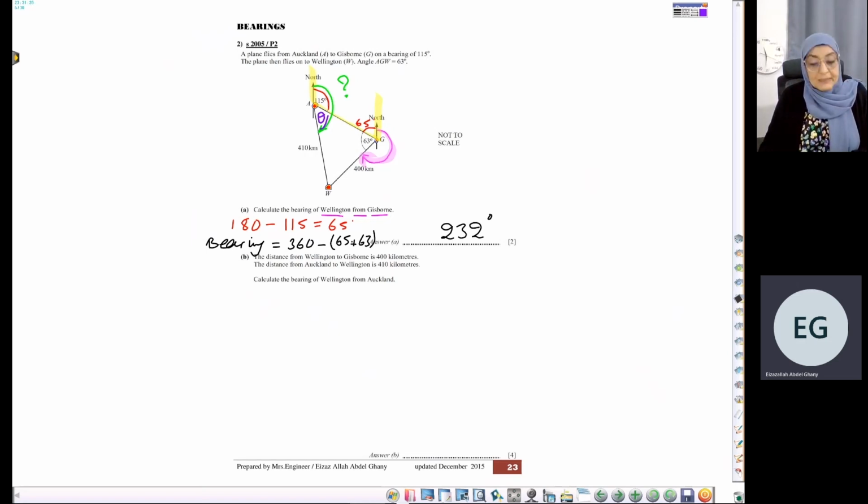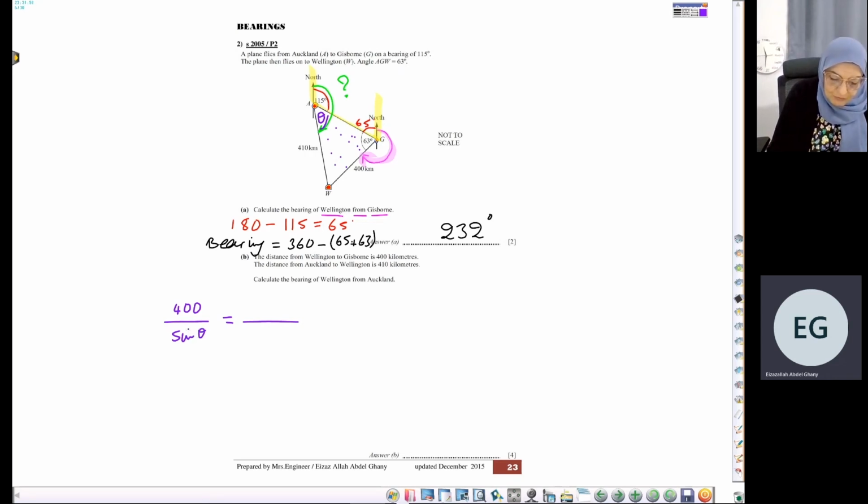How to find the purple angle theta? Now we are dealing with this dotted triangle. In this dotted triangle, we have side over sine equals side over sine. Say it, side over sine equals side over sine. The side opposite to theta is 400 kilometers over sine theta.